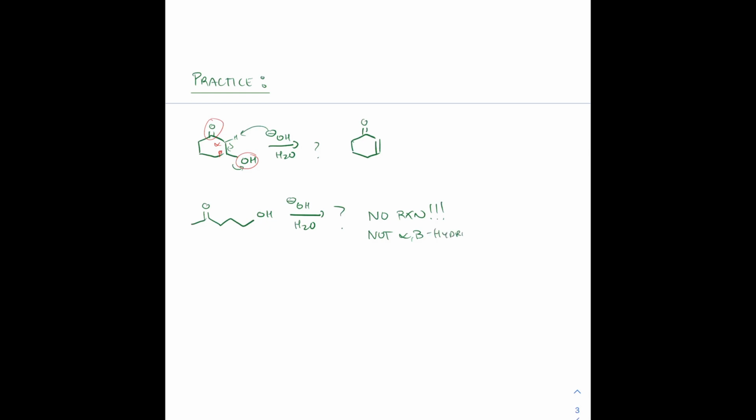If we were going to lose that hydroxide, that carbon-carbon double bond would not be conjugated with the carbonyl, and therefore we don't get that additional stabilization from the conjugation. So loss of hydroxide, not an option in this case.